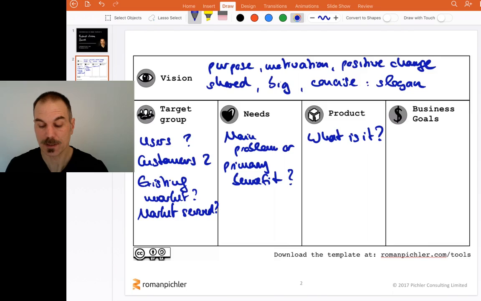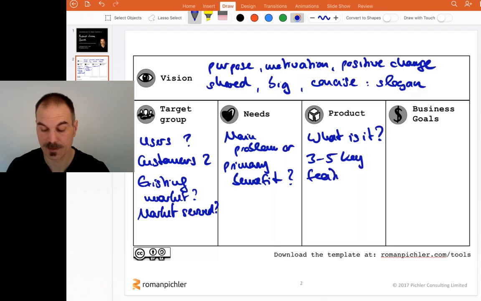And I'd also like to encourage you to look into those capabilities, those aspects of your product that make it stand out, that make it in a way special, and list the 3 to 5 key features. And again, it's all about those aspects, those capabilities that make your product stand out. Stand out from the crowd.